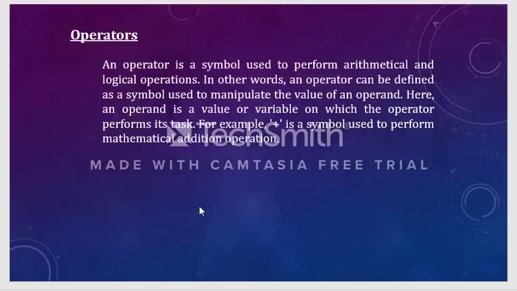Similarly, minus can be used to do the subtraction. If you want to compare between two values, we have symbols like greater than and less than. All these symbols perform some specific action on the operands.